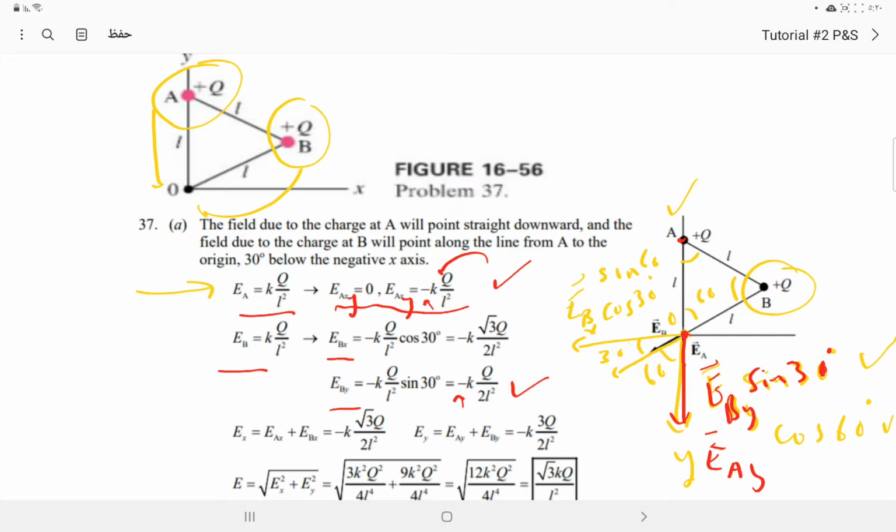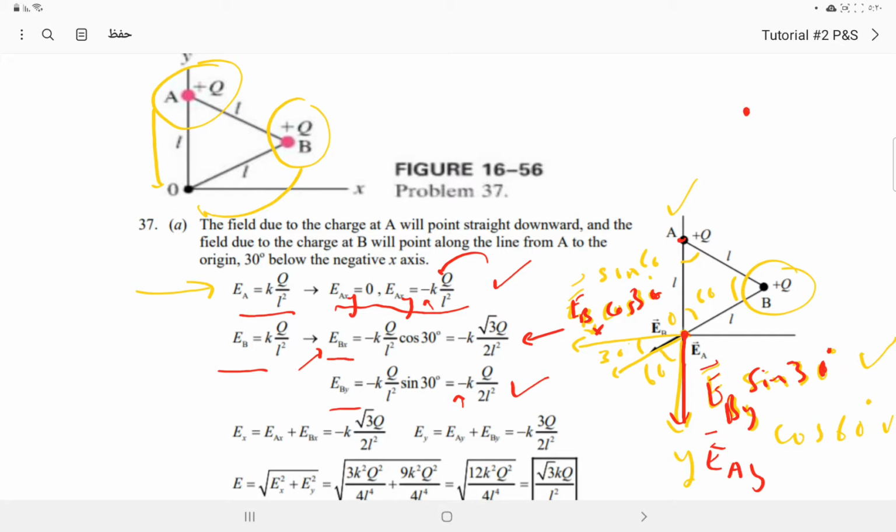What about this one here? This is actually the X direction. What X direction do we have here? We also have one going to the minus X, which is EBX, cosine 30 in this case. So this is the same thing here, the magnitude. Having all of this, we can draw them here easily.